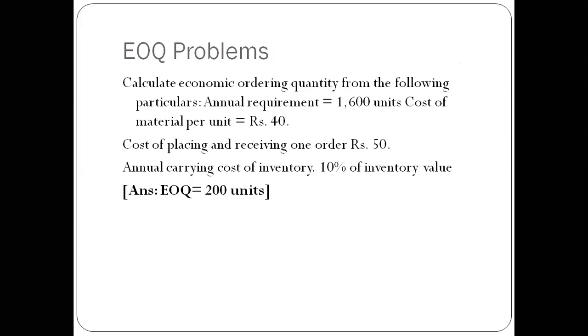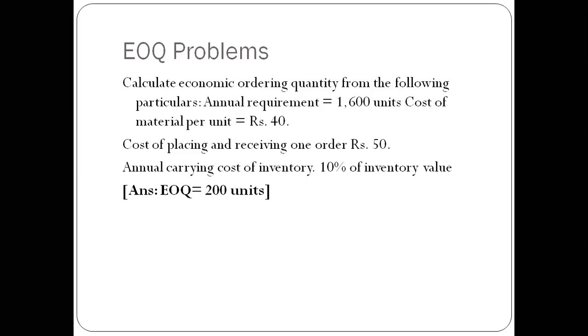So how to calculate? That formula you have to remember: root of 2 into A into B divided by C into S. Here 2 is the number, and A means annual requirements, that is 1600 units. So 2 into 1600 units into the cost of placing and receiving an order, rupees 50, divided by the carrying cost.